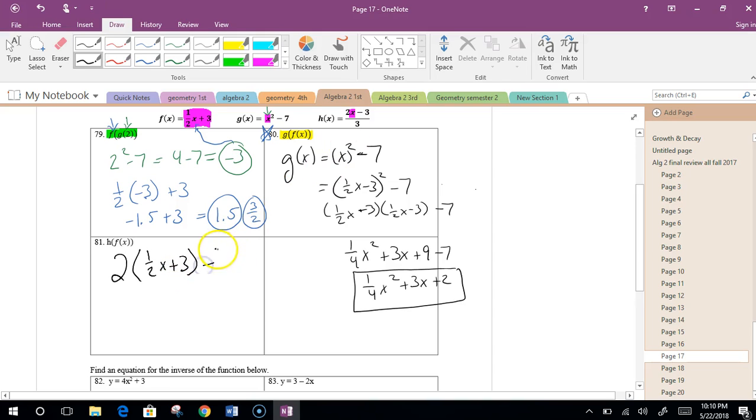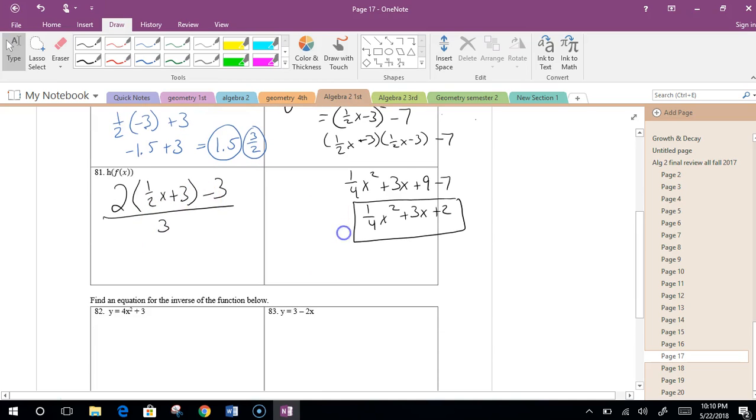The rest of the h equation is minus 3 over 3, and do some simplification. Distribute. Well, half of 2 is 1x, 2 times 3 is plus 6, minus 3 over 3, and combine your like terms on the top, so we get 1x plus 3 over 3, and that would be our final answer.